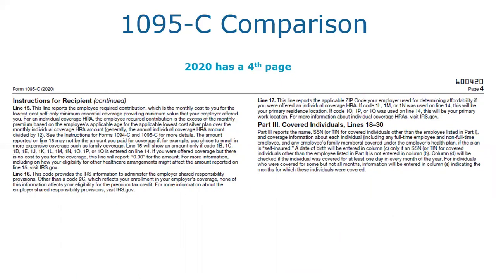What they post on the actual 1095-C is a snippet of those instructions, some of the common things that you need to refer to when completing a 1095-C form. But there is still a large document that will be provided with full instructions for every single line on the form.